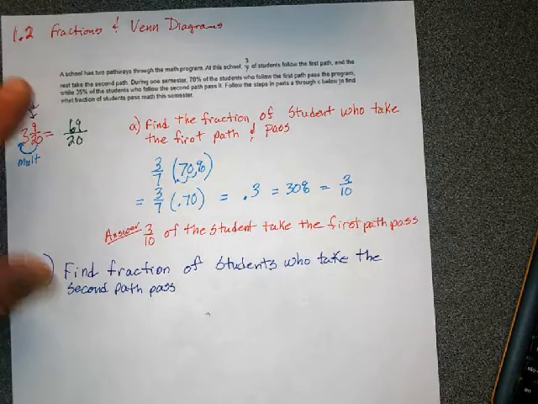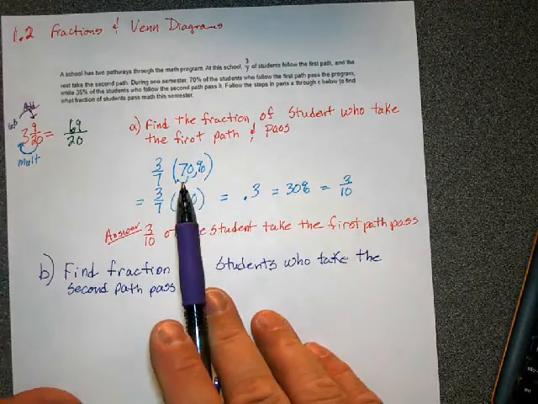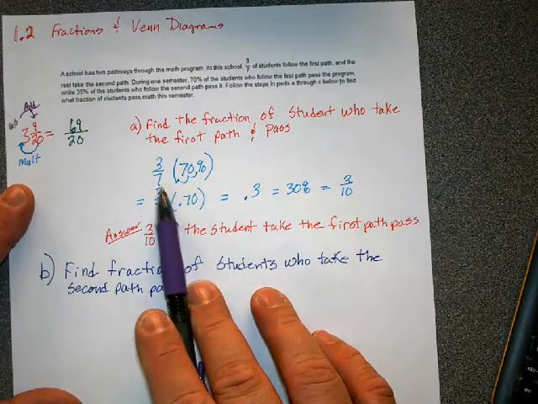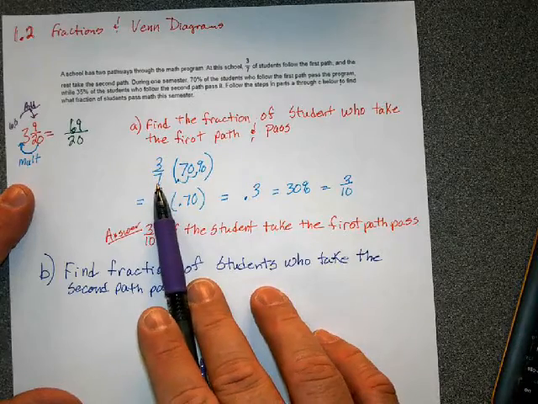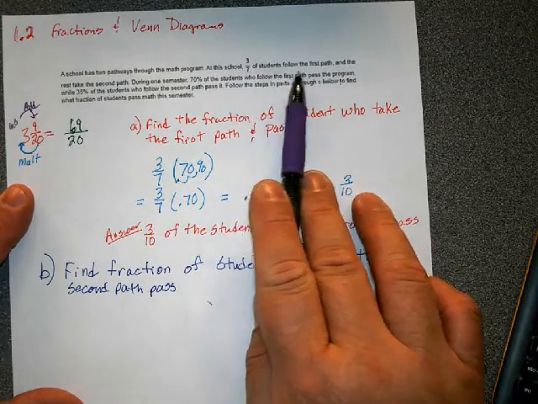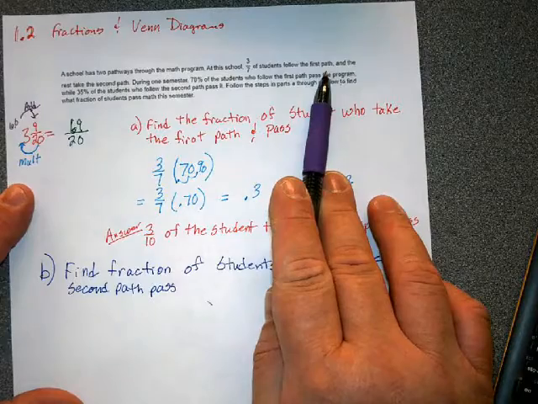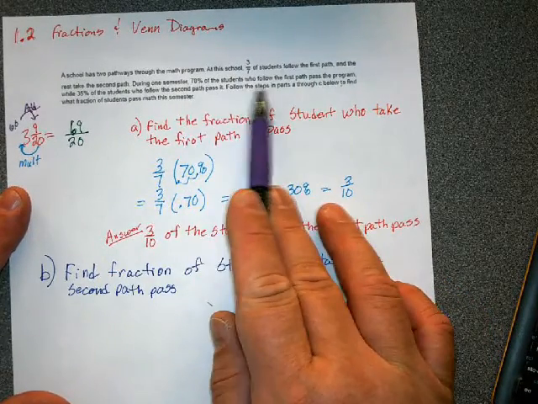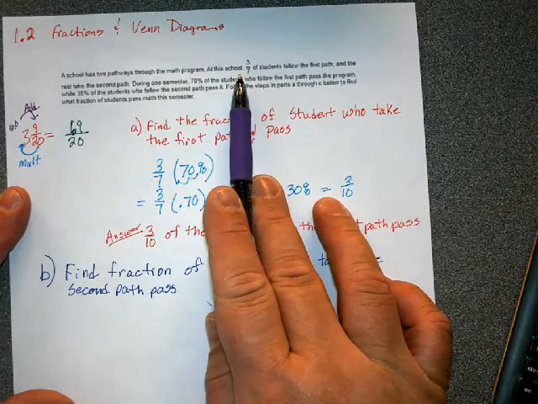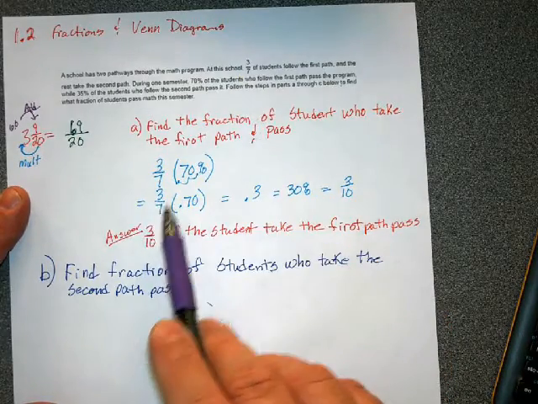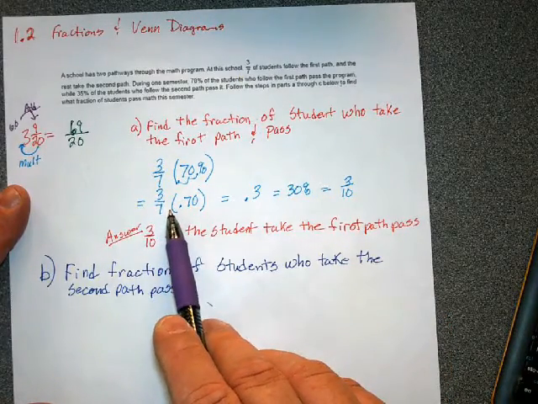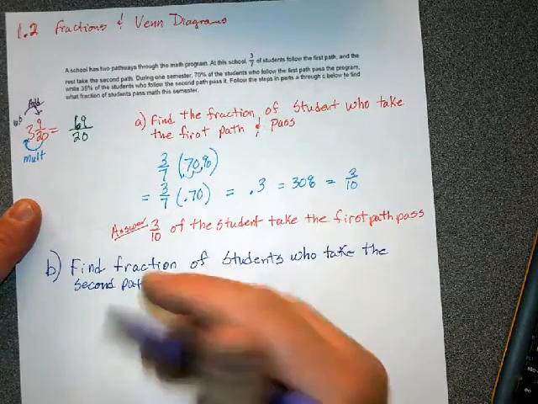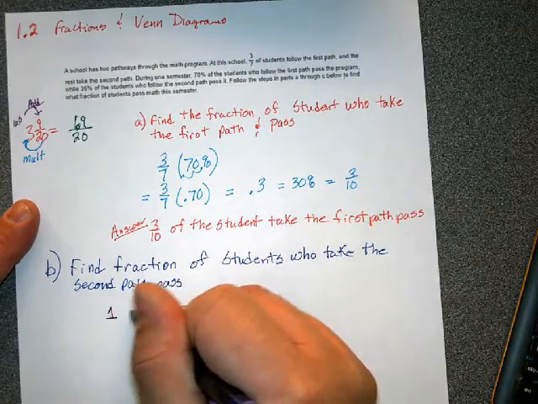Okay, so let's look at what we did here for the first path, right? We took 3/7. They told us how many students took the first path, and they told us how many, 70% pass. So we need the amount of students that take the second path, right? Well, we used up 3/7, so I'm going to take 1 minus 3/7.